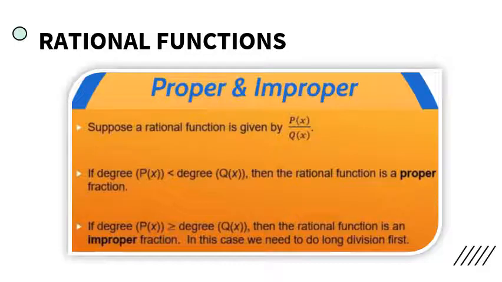Okay, let's look at the rational function. What is the difference between proper and improper fractions? Suppose a rational function is given by p(x) over q(x), where p(x) is the numerator and q(x) is the denominator.